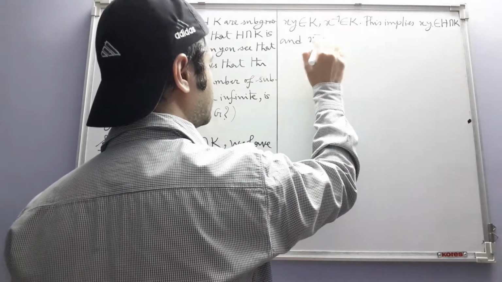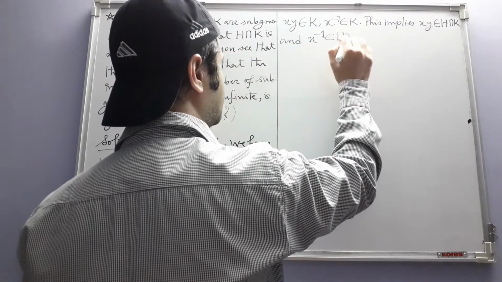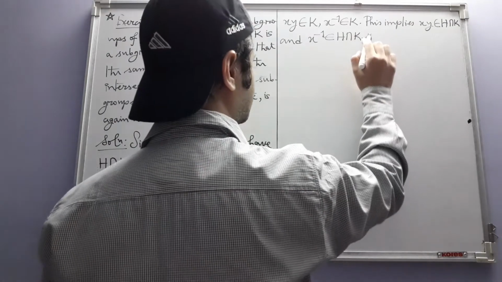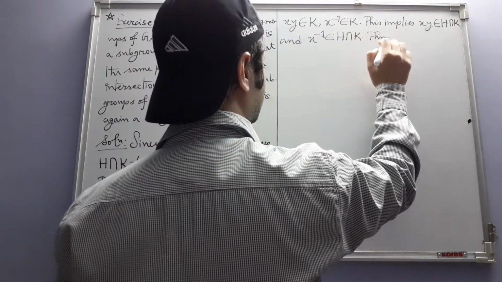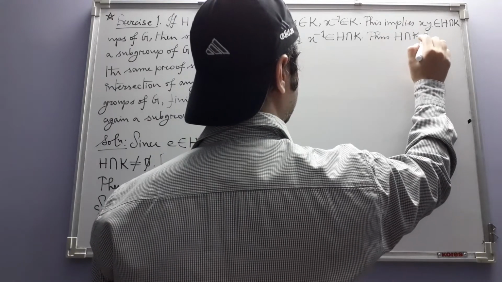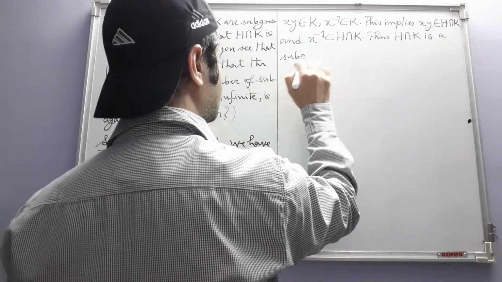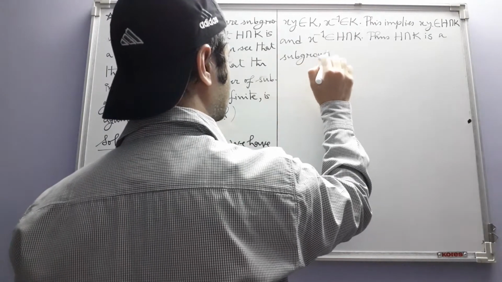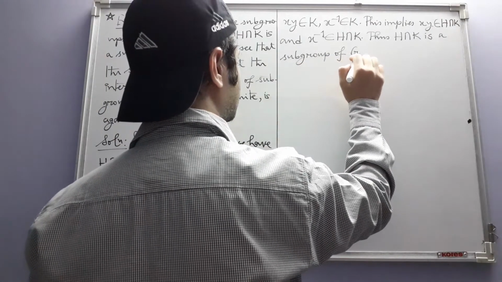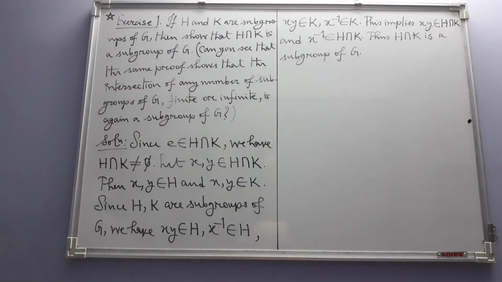And just like that, X inverse also, being in both H and K, will be in their intersection. Hence, the intersection is a subgroup of G.